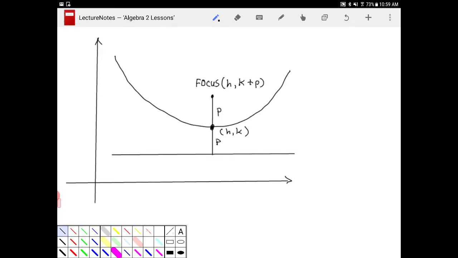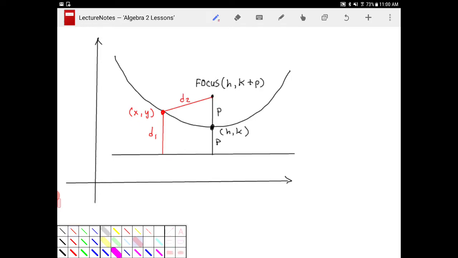And all the distances for the path of the light within the lens, and then from the lens to the focus, are supposed to be the same. Let me try to do that one more time. So these lengths right here are supposed to be the same length, drawn to the best of my abilities. We're calling this D1 and that D2, and this point on the lens we're calling x comma y, because it's just some point on the lens.